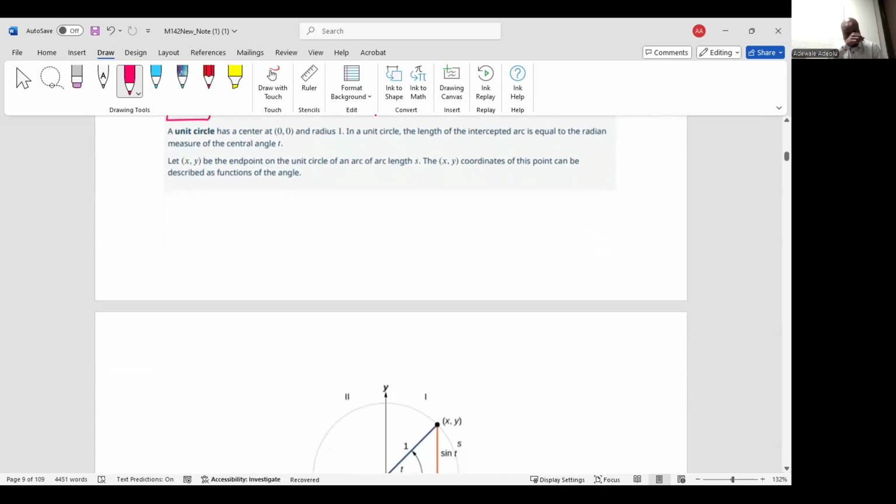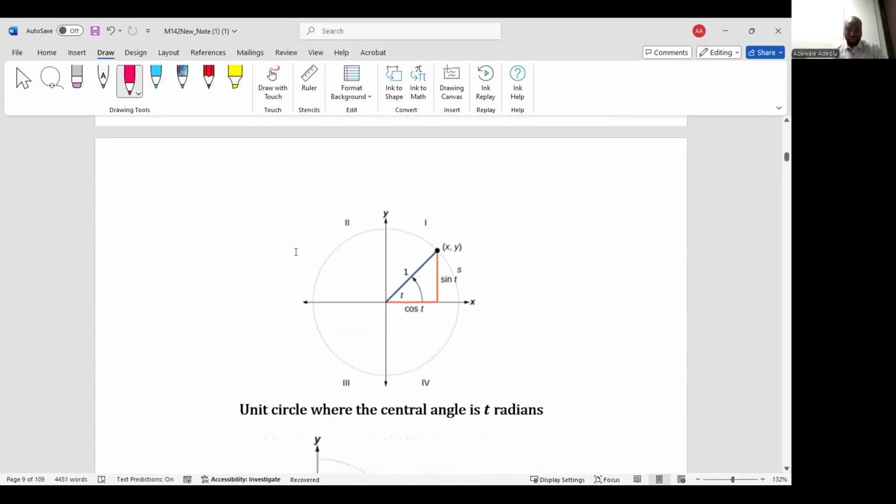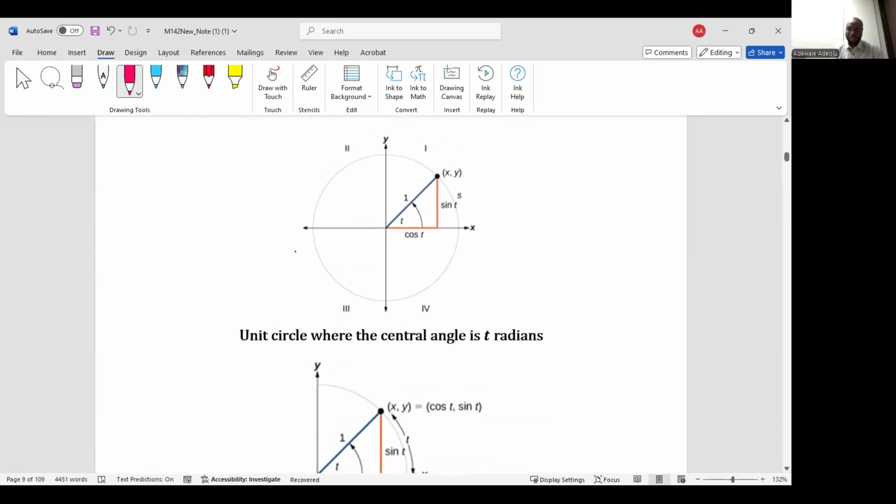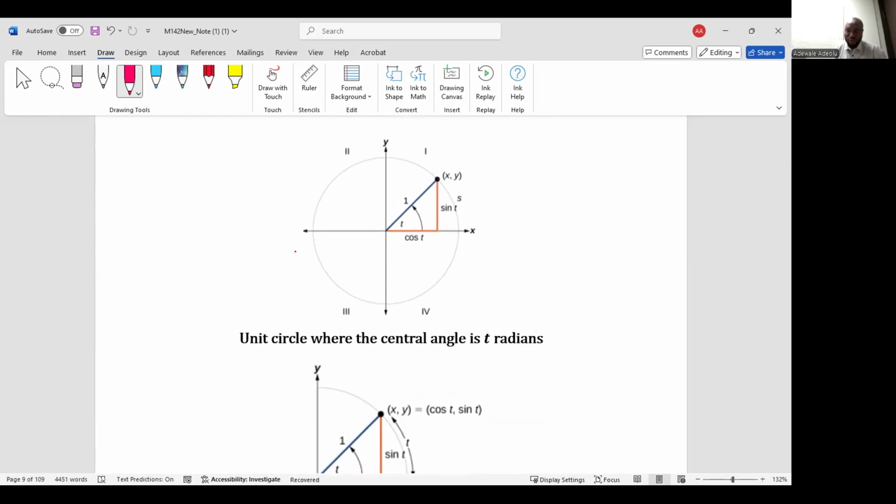Okay, now let us study something on our unit circle. You know what a unit circle is now. So on a unit circle, I want to define a point. There are several points on it. So I pick a point and I call it X and Y. Then I define that Y to be sine of T, and I define that X to be cosine of T. You know what T is?